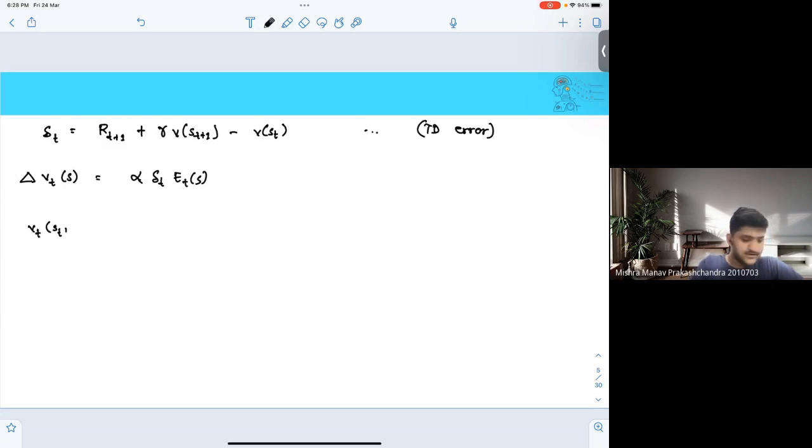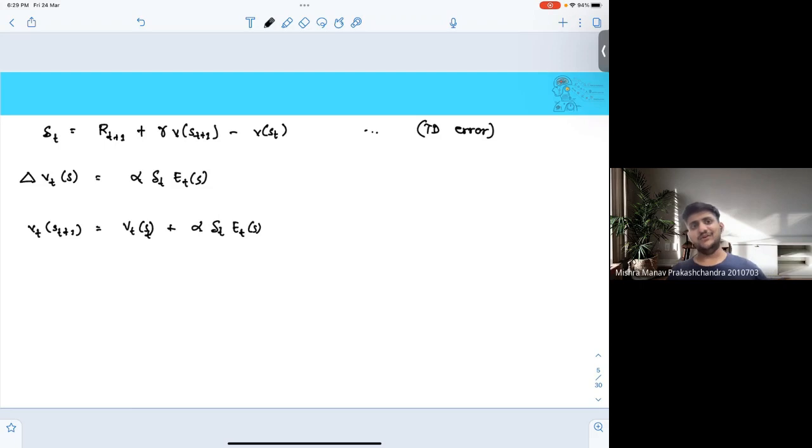V T plus 1 of S is equal to V T of S plus alpha times delta T E T of S. Okay. So this is the same as the TD updation rule, only the TD error part has been multiplied with the eligibility part.